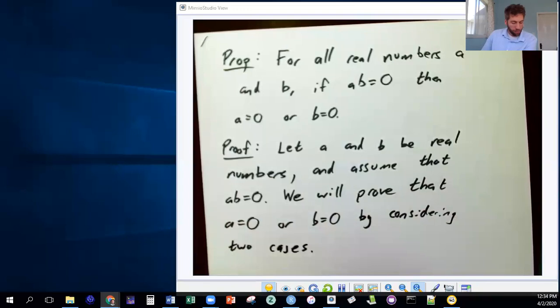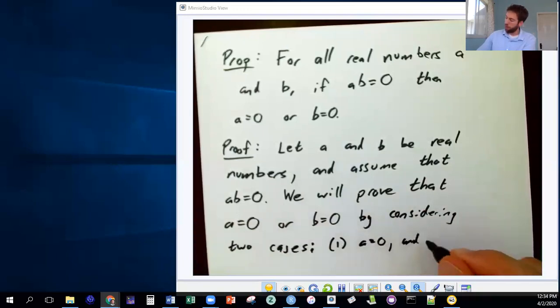Case 1 is that A equals 0, and case 2 is that A does not equal 0.